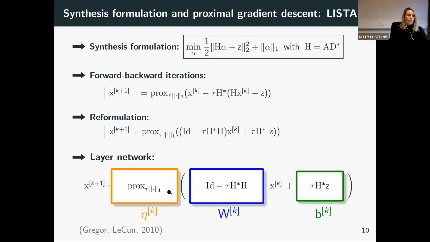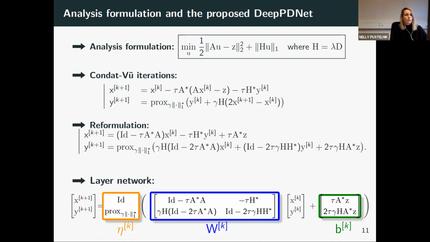That was one of the first unfolded algorithms, and in a sense, it's associated to the synthesis formulation. And so the question we asked with Mingguan is: is it possible to do the same with the analysis formulation and not the synthesis one?